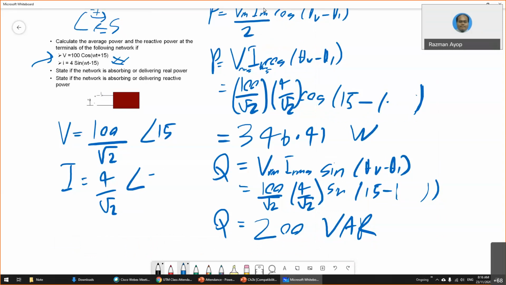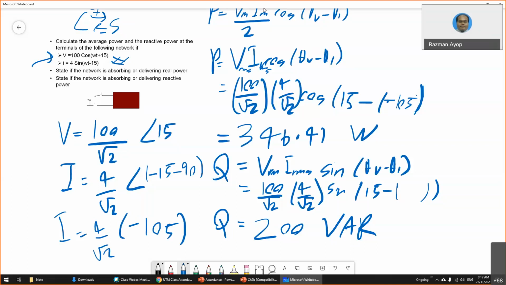So I equals 4 square root 2, with angle negative 15 minus 90, which is negative 105. Make sure you change it. So be careful. So negative 105.